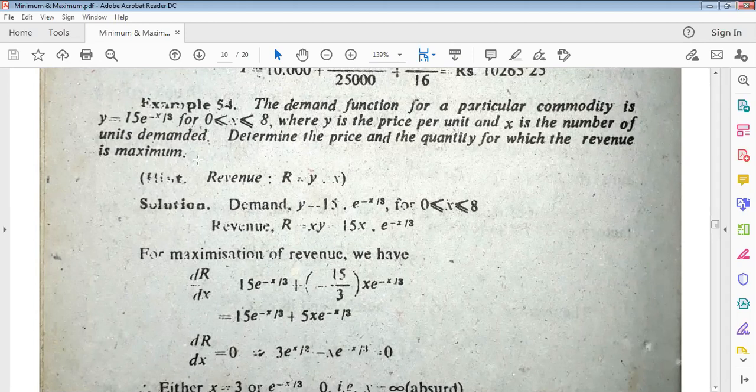Determine the price and quantity for which the revenue is maximum. We have to find the maximum revenue.